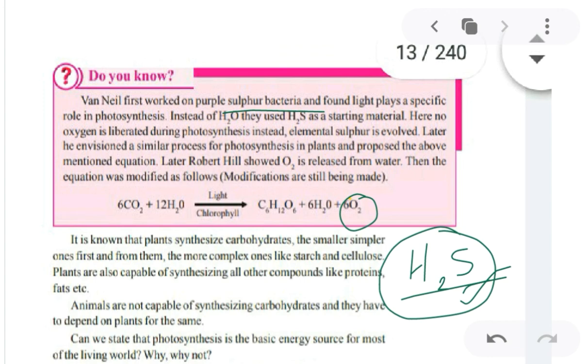Later Robert Hill showed oxygen is released from water. Then the equation was modified as follows. So because of that the equation is given in this way. I told you, many scientists did many experiments, especially Robert Hill, and with that he concluded this photosynthesis equation.